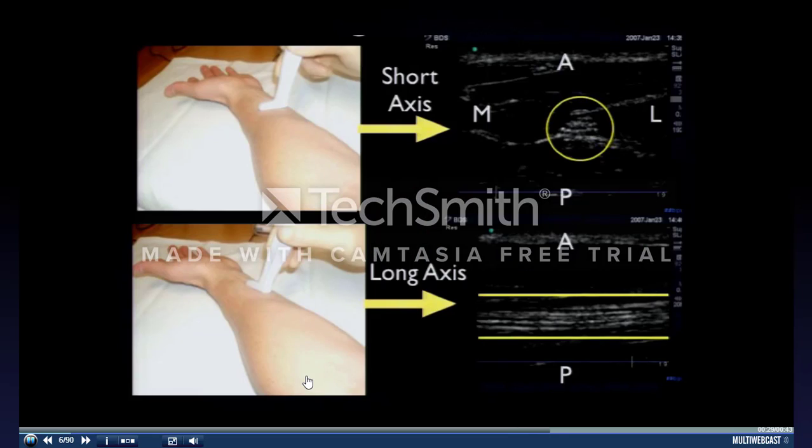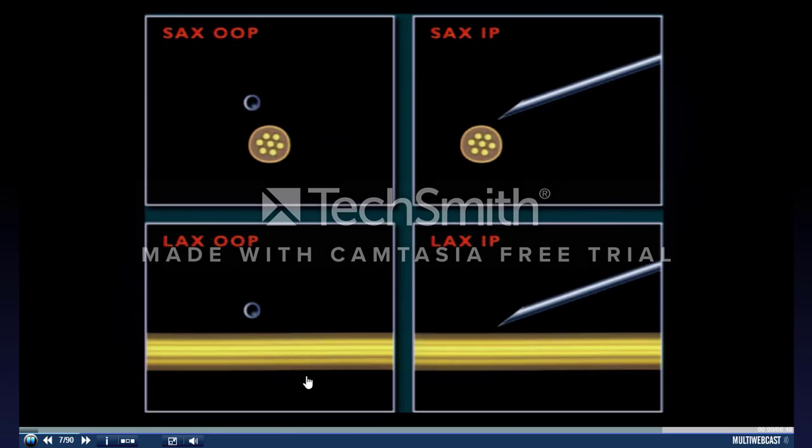Just to get the terminology right, when we talk about in-plane, we are actually talking about the needle. There is a short axis scan, or cross-sectional scan, at the top, and then a long axis or longitudinal scan. So really you can have four different techniques if you want to. Most of the time we're trying to find a good view of the target nerve in the cross-sectional axis, and then you can have your needle out of plane or in-plane.